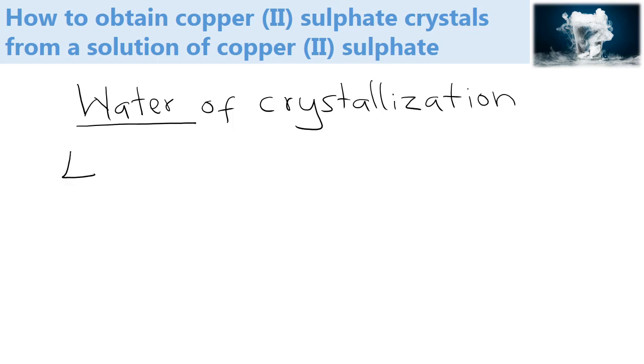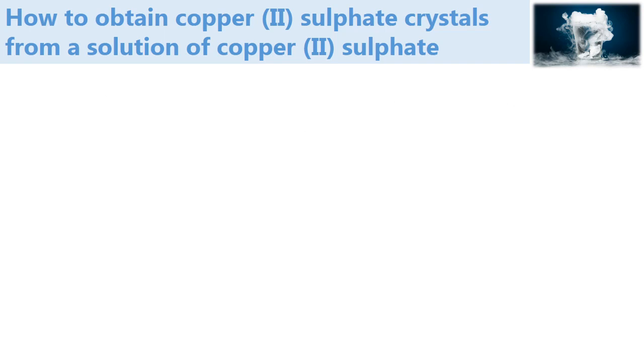Now, if we use evaporation method, we are going to drive out the water of crystallization and will remain with copper 2 sulfate powder. And therefore, we will need to use a different method to obtain copper 2 sulfate crystals, which we can describe using the following diagram.